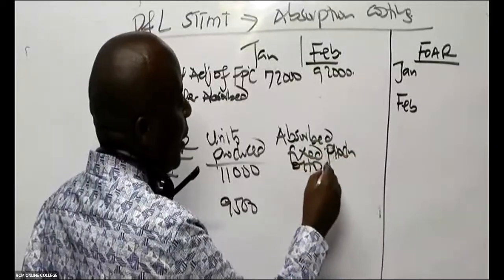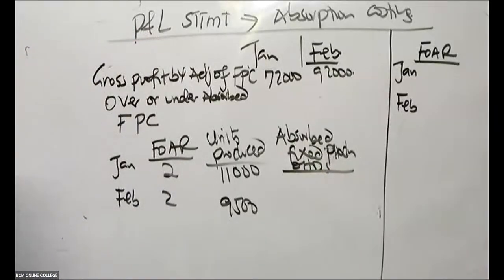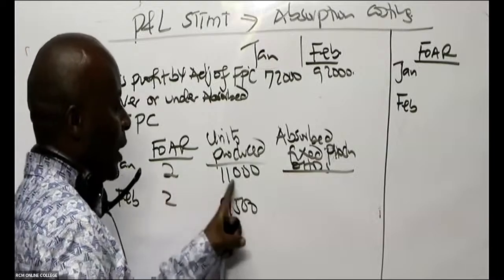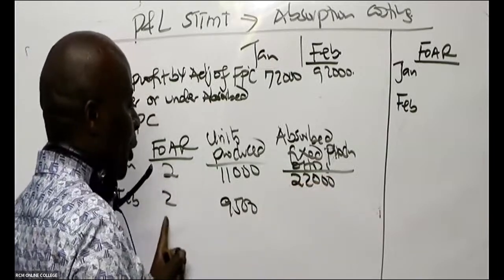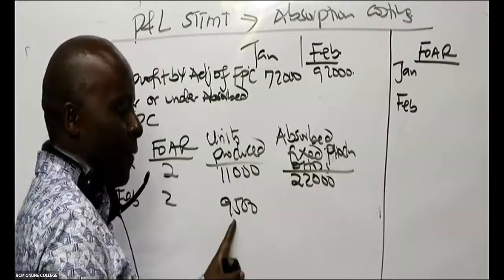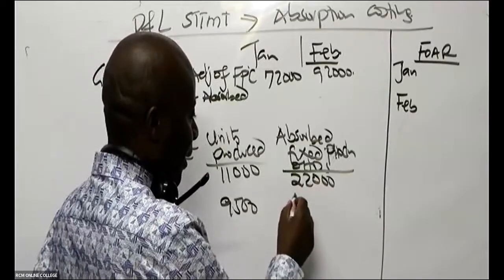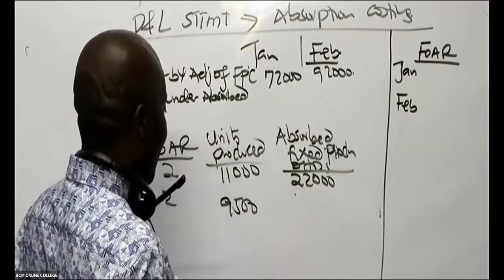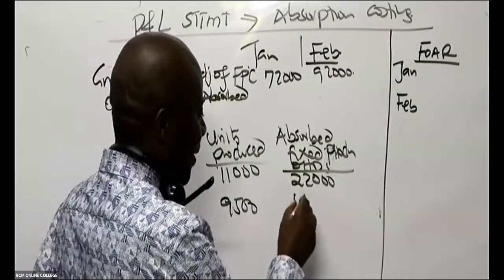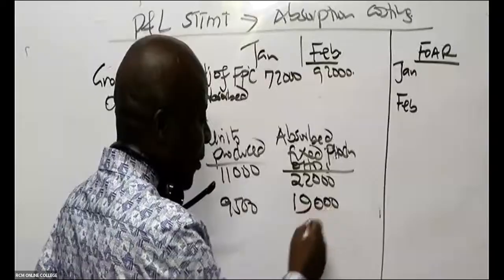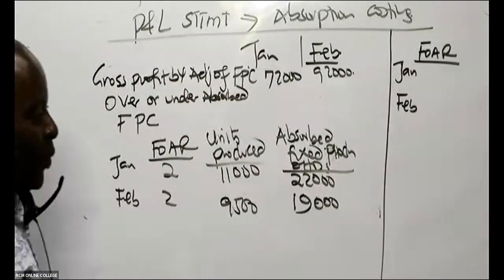In this case, it will be 2 times 11,000, 22,000. 2 times 9,500? 19,000. Yeah, you guys are following very well.